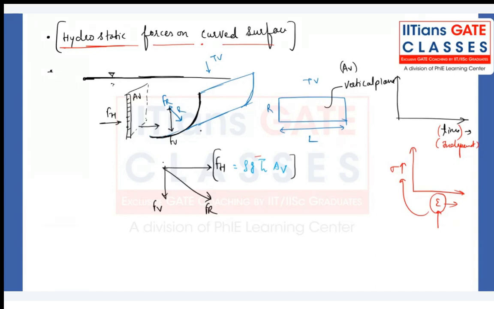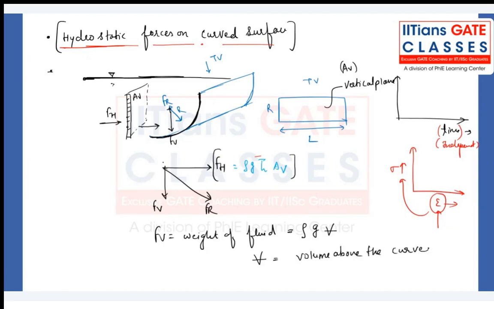Note down: weight of the fluid is rho g into volume, where the volume is the volume above the curved surface up to the free surface.